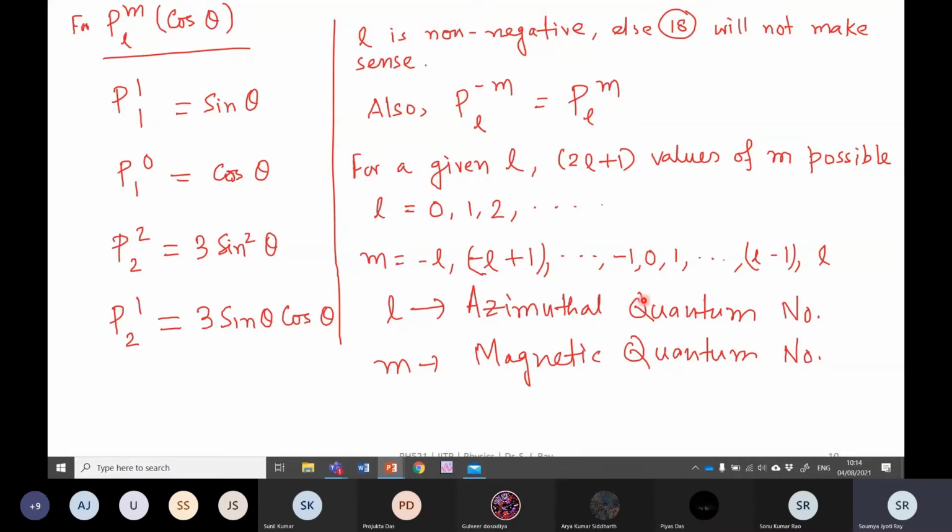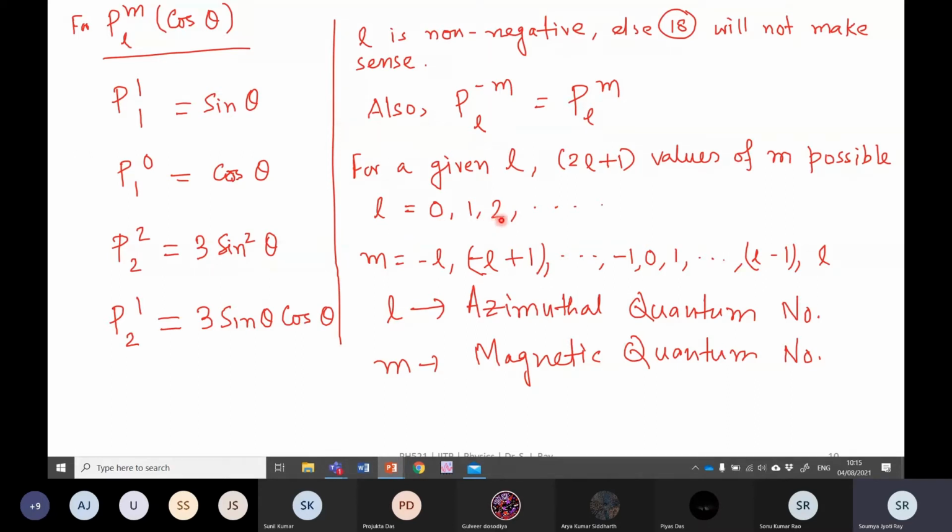If L is 1, the possible M values are minus 1, 0, and 1. Similarly, for L equal to 2, it will be 2, 1, 0, minus 1, minus 2. So for a particular value of L, there is a 2L plus 1 level degeneracy, which is described by the magnetic quantum number M.